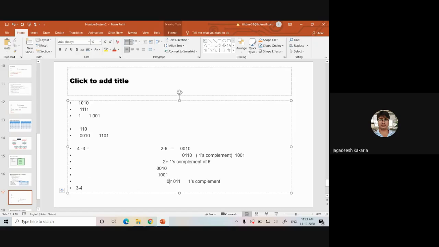Remove this 1, compute the 1's complement of this number. What is the 1's complement? 0100, which is equal to what? 4. Am I right? Keep the negative sign in front of it, which is minus 4. 2 minus 6 is minus 4, or not?